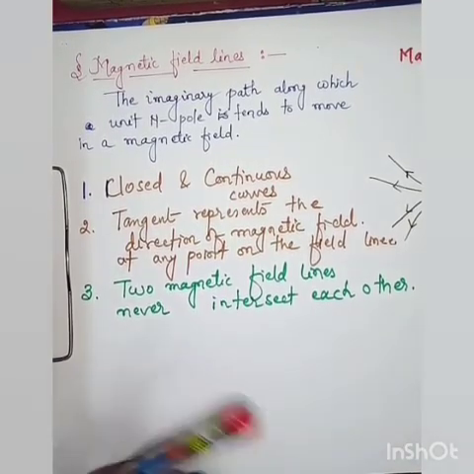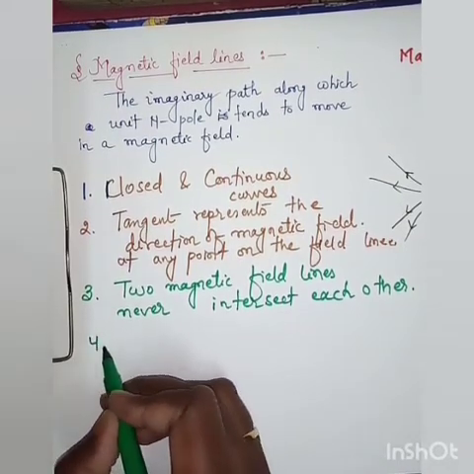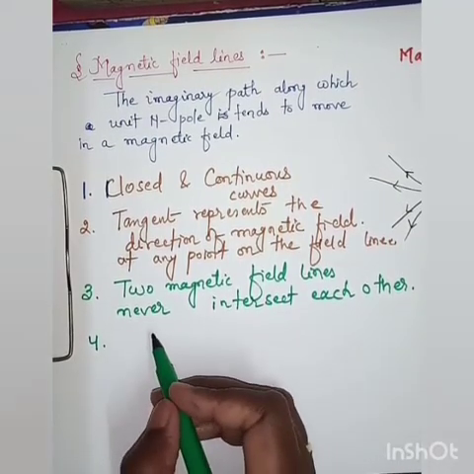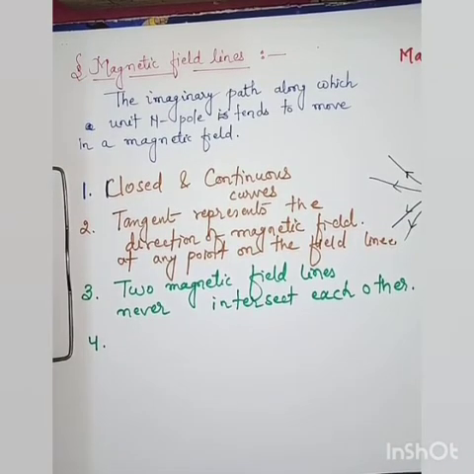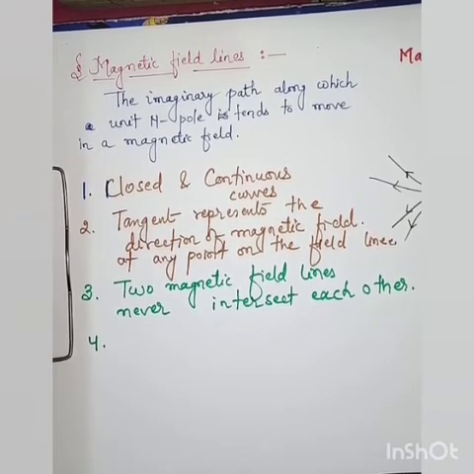Now the next property. What is the next property? The magnetic field lines are highly dense near the poles and less dense at other parts of the magnet. The density of the magnetic field lines is the measure of the magnetic field strength in the region. That is, the greater the density of the field lines, the stronger the field.